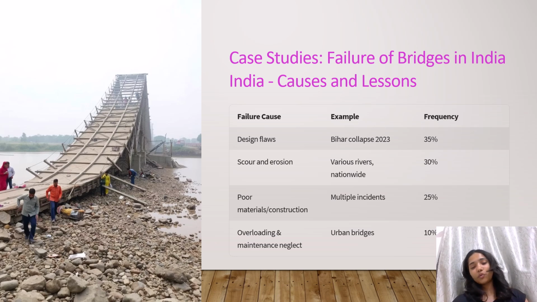Also, poor material used during construction caused multiple incidents in India, and its frequency is 25%. And overloading and poor maintenance are also a reason for bridge failure, with a frequency of 10%. This is very common in urban areas.